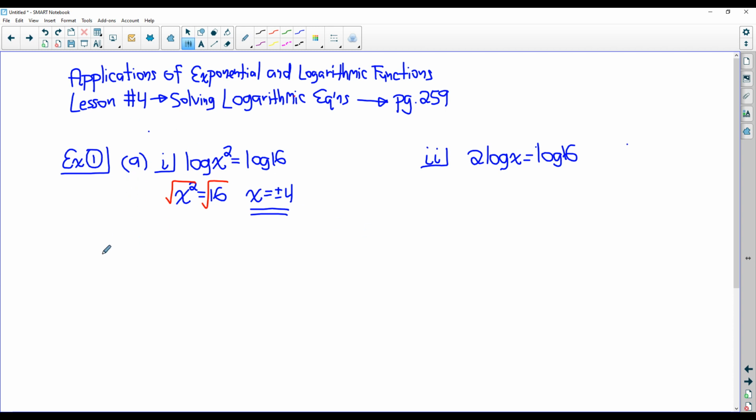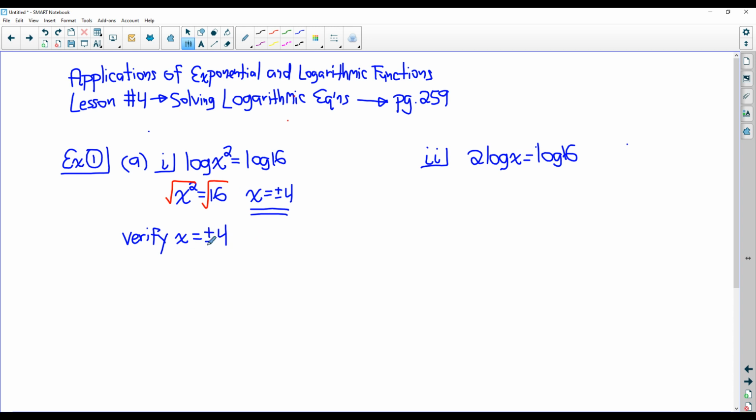So let's show some work for verifying, and I'll write this down by saying verify x is equal to. Technically you have two solutions here, plus 4 and negative 4, but I can evaluate both solutions at the same time. So we'll say verify x is plus or minus 4.